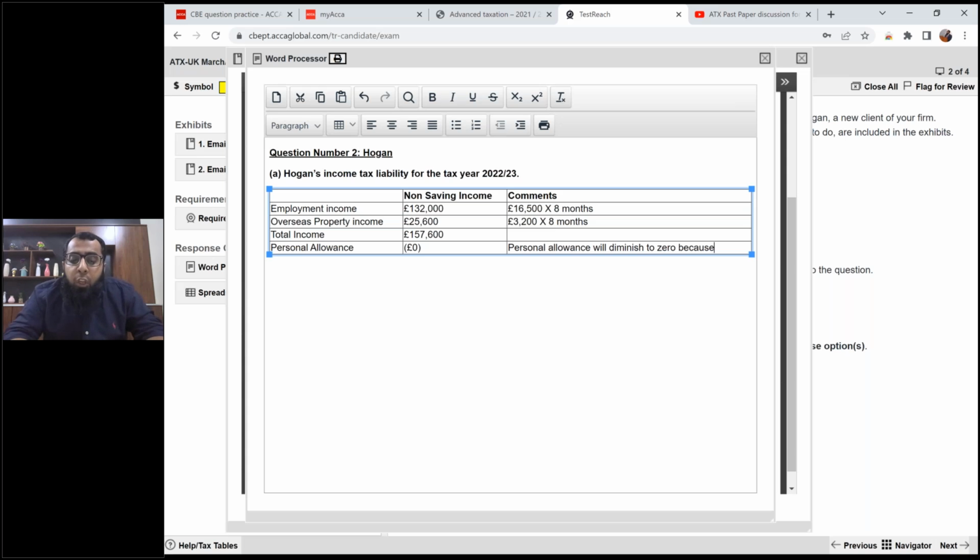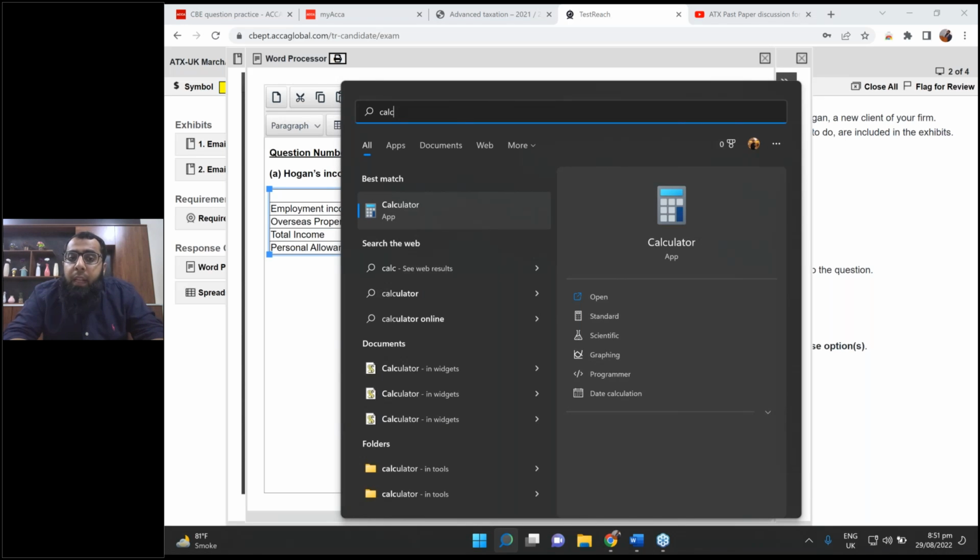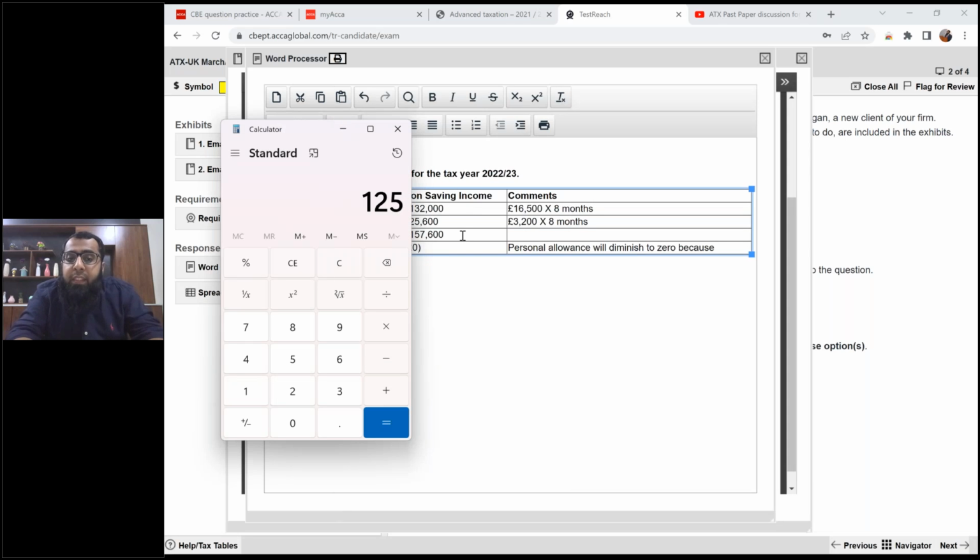Now see, your personal allowance is 12570. Multiply it by 2. So if the excess is 25,140, your personal allowance will diminish to 0.